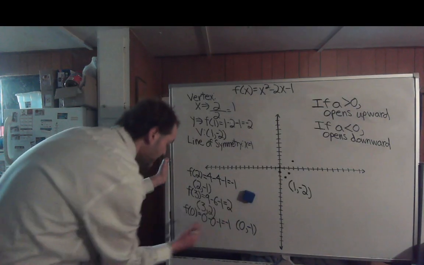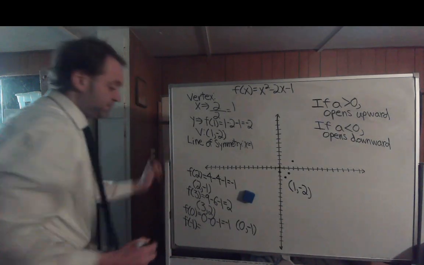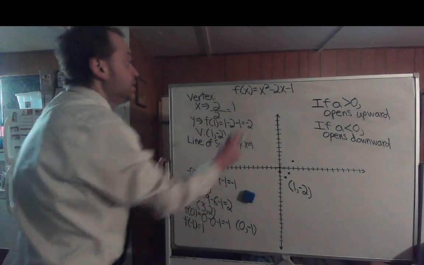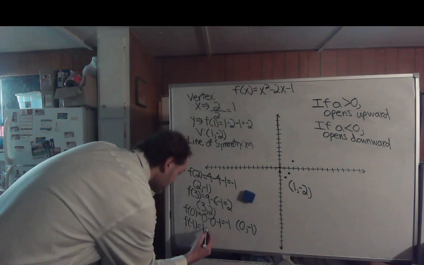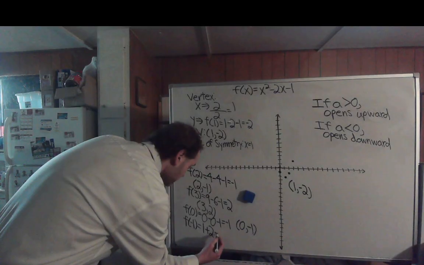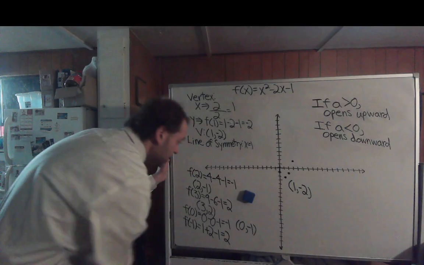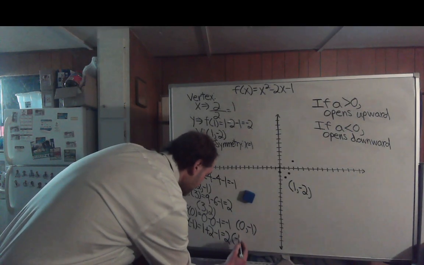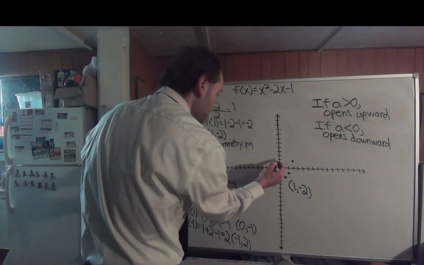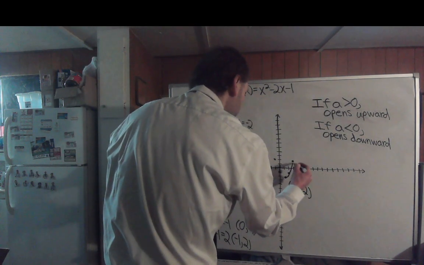And then let's say I put in f of negative 1. Negative 1 squared is going to be positive 1. Minus 2 times negative 1, that's actually plus 2, minus 1. So 1 plus 2 is 3, minus 1 is 2. So you'll end up getting the point negative 1, 2. So negative 1, 2 rests right there. Now we have sufficient points to plot this parabola.